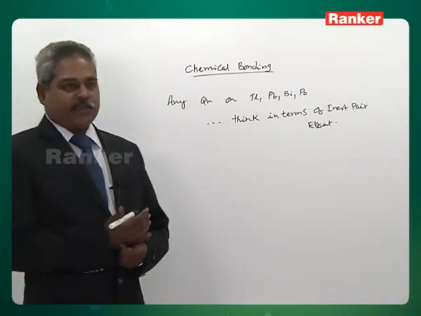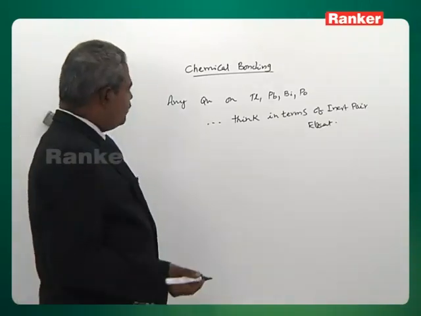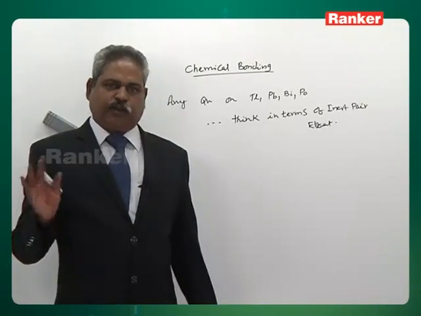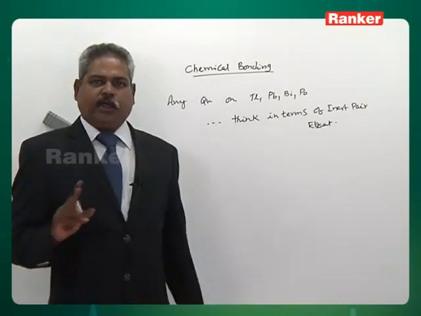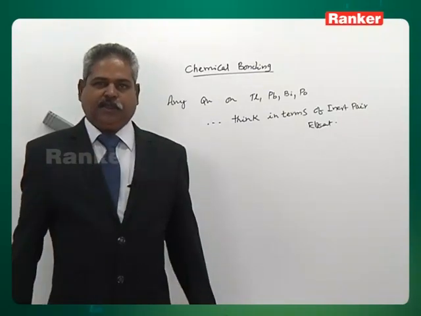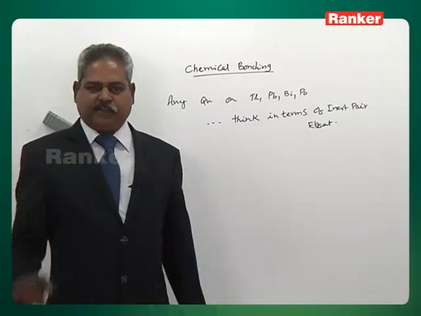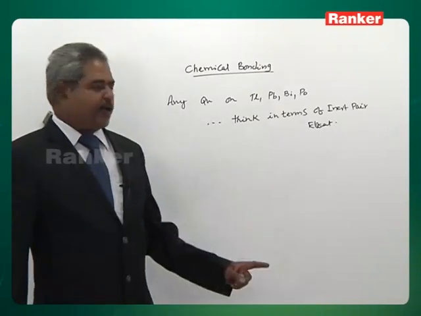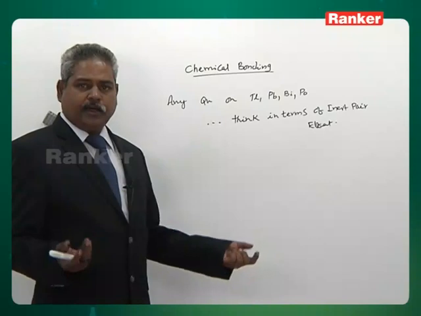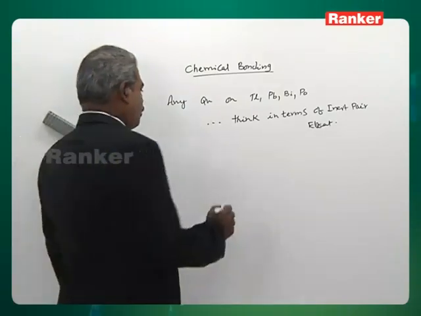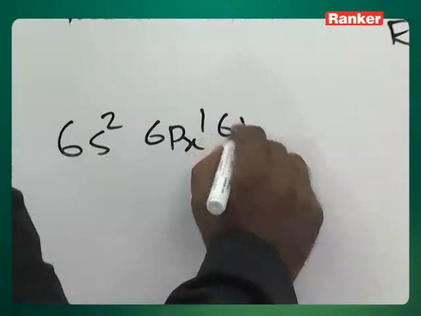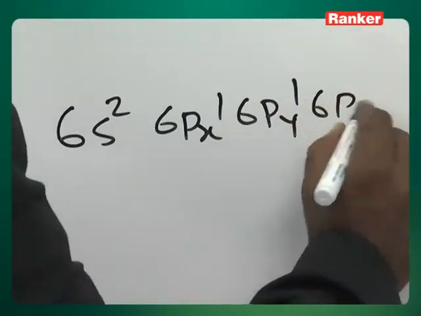The reason is, I'll give you the actual reason later, or I think I have already given the actual reason. For any happening or non-happening in chemistry, there is only one reason. The energy involved must be compensated. It is only a concern of energy. Look here, for instance, 6s2, 6px1, 6py1, 6pz1.